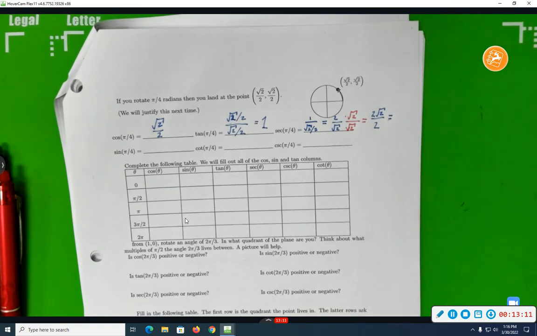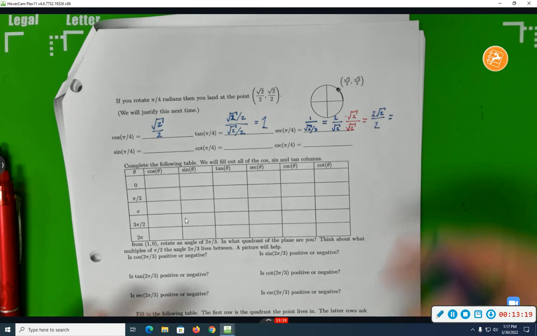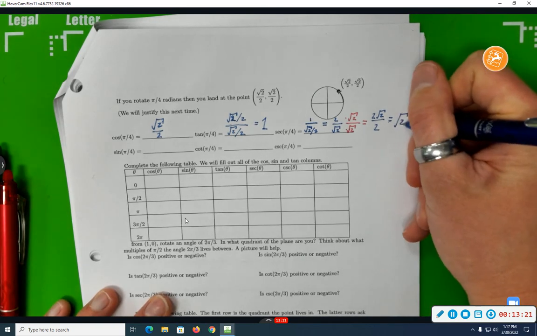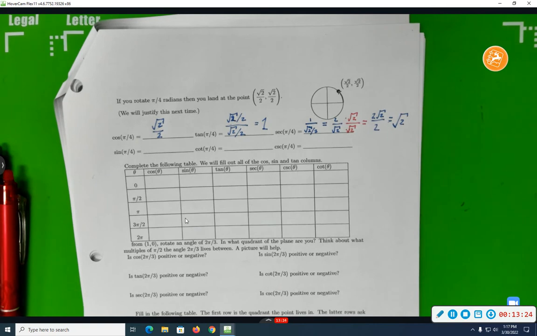Nice, so there's not a square root in the denominator anymore. Does it simplify? What's it simplify to? √2. Nice. Alright, so now I'm going to be quiet for a minute or something. Tell me what the sine, cotangent, and cosecant of pi over 4 are.